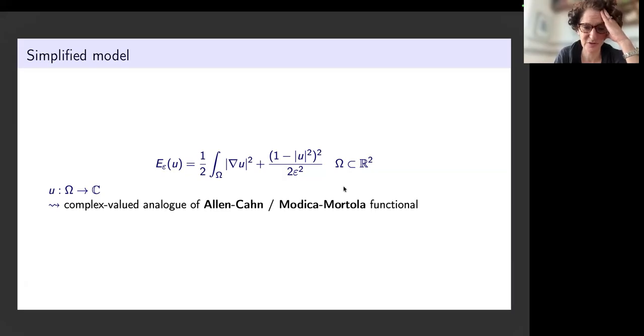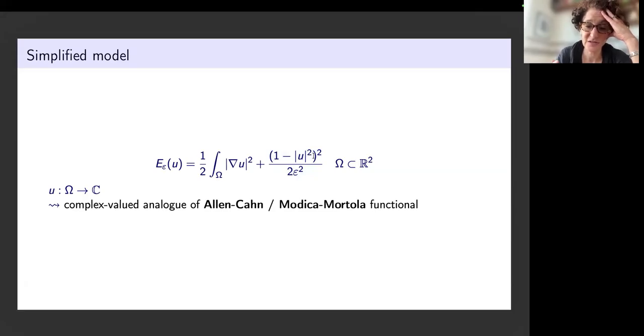Because it's complex valued. And these points are surrounded by, you know, if u vanishes, there's going to be a length scale here, which is this epsilon parameter. So you're going to have little disks of length scale epsilon in which the modulus of u is small. And otherwise, the modulus of u is very close to 1, because here it's very penalized to be far from 1.